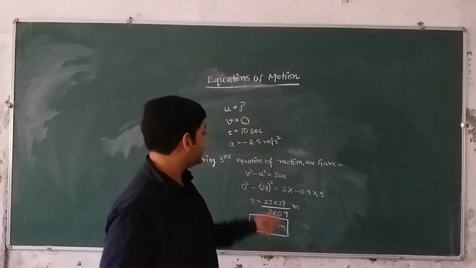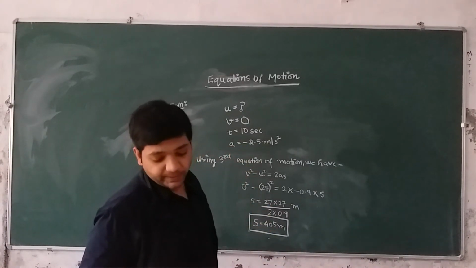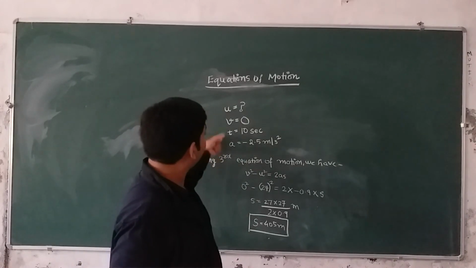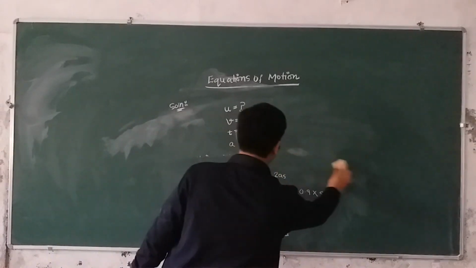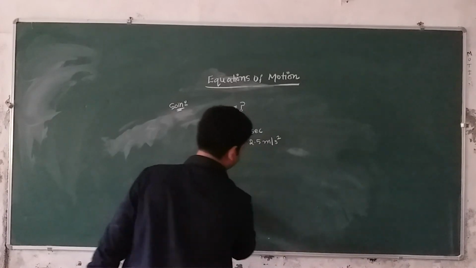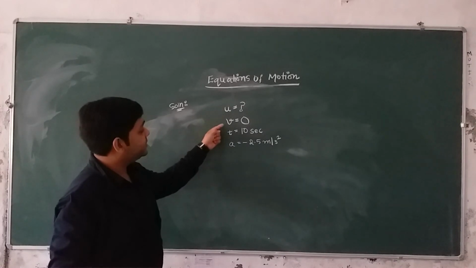Retardation is negative acceleration, so you will put a negative sign here, as we learned. So a will be equal to minus 2.5 meter per second square. These are the four quantities. We have to find the initial velocity. Final velocity is given as 0.